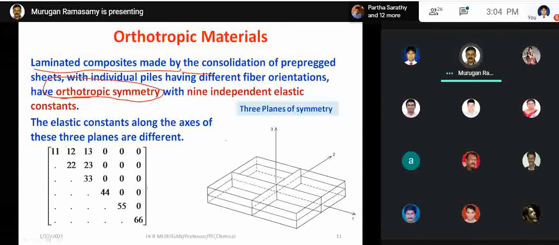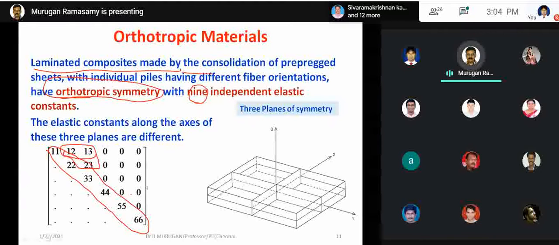That means there will be 3 planes of symmetry: for the 1 plane, 2 plane and 3 plane. By assuming the 3 planes of symmetry, the 21 constants are reduced to 9 independent constants. These are the 9 constants: the major diagonal and these 3 constants. The remaining constants they are eliminating by assuming the planes of symmetry.